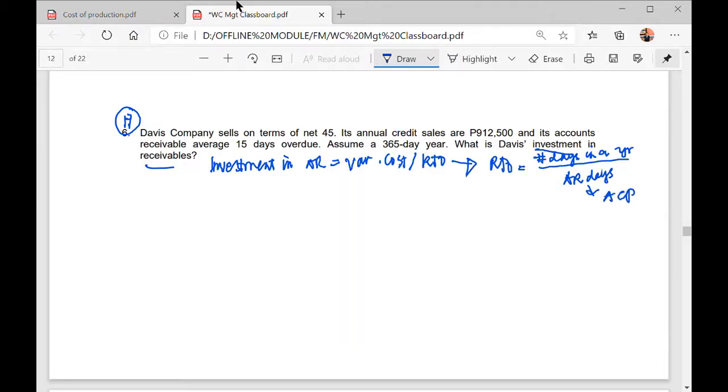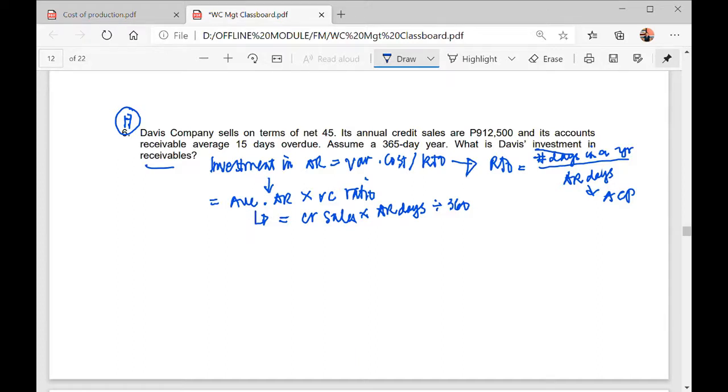Another way to compute it: it is also equivalent to average AR times the variable cost ratio, where average AR is equivalent to your credit sales times AR days. Again, what is our AR days? That's our ACP divided by 360.